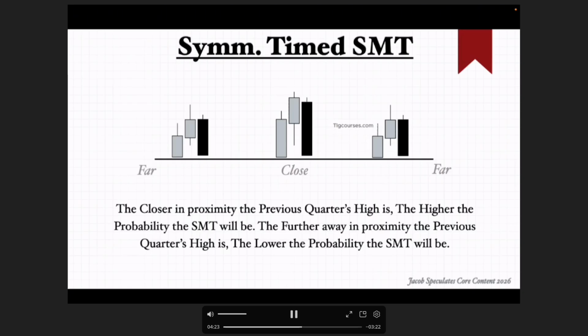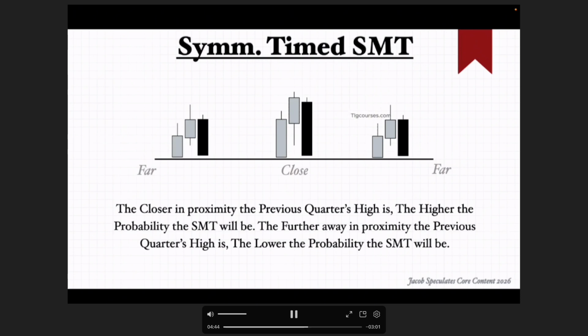And vice versa for the low, if it's the bullish SMT. So the further away in proximity the higher low of the previous quarter is, the lower the probability the SMT will be, if a cracking correlation or SMT occurs. But the closer it is, the higher the probability it is.